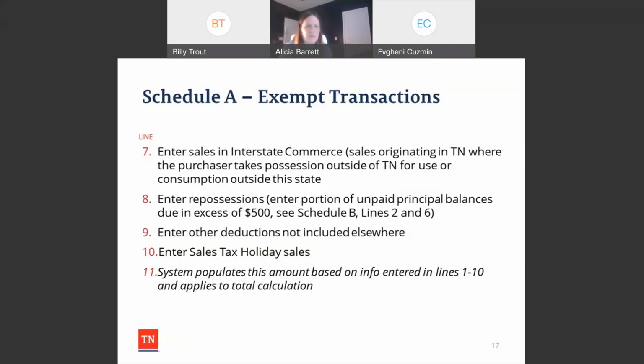But typically speaking, for everyone else, this is going to be used for that last weekend in July. Line 11, the system is going to populate this amount based on the information entered in lines 1 through 10. So it's basically going to do that calculation for you.